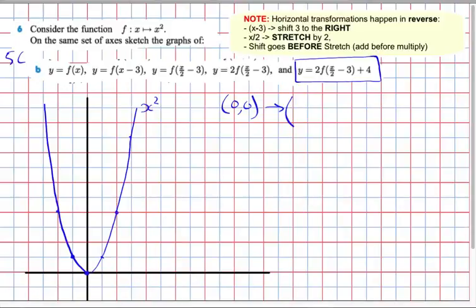So I take my x coordinate, which is 0, I shift it plus 3, 0 plus 3, because I need to go to the right. And then I stretch it by 2, so this whole lot times 2. And that's my new x coordinate. Same for the y coordinate, but the y coordinate is straightforward. If the y coordinate is stretched by 2, then it's just stretched by 2, and afterwards 4 is added to it.